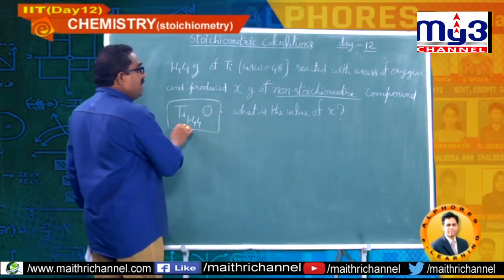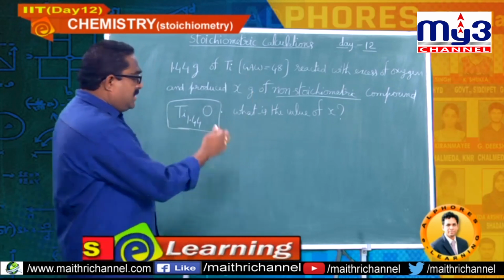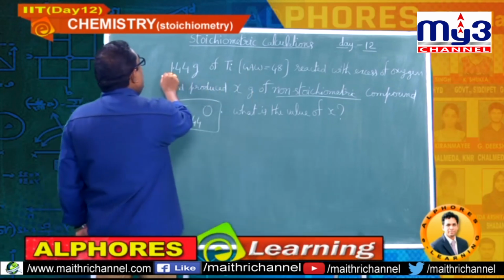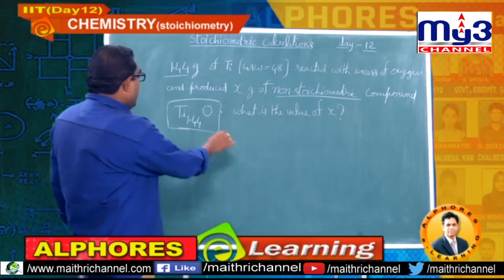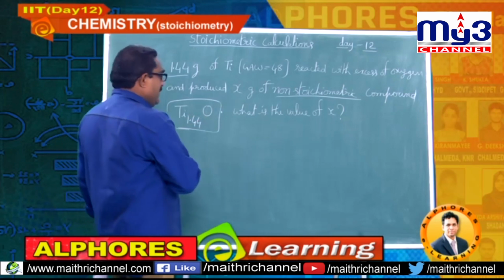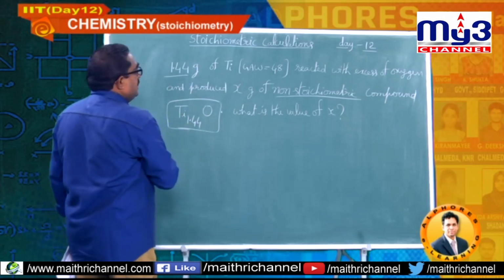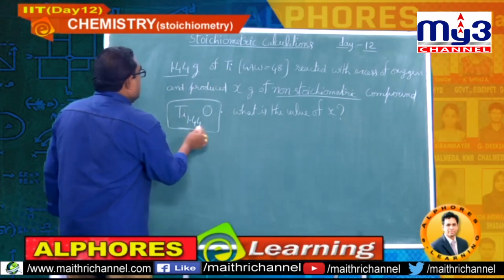You have to find out how much mass is given as X grams. So you should find out the value of X formed from 1.44 grams of titanium. According to this formula, what is the atomic mass of titanium? 48. Okay, right.